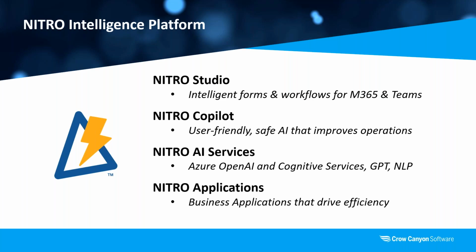And we have our NITRO applications, which have been the mainstay of our business for many, many years, such as the help desk, purchasing, asset management, equipment management, project management, request management, many, many business process automation tools, and quite an extensive range of them. And now we're adding AI to them.